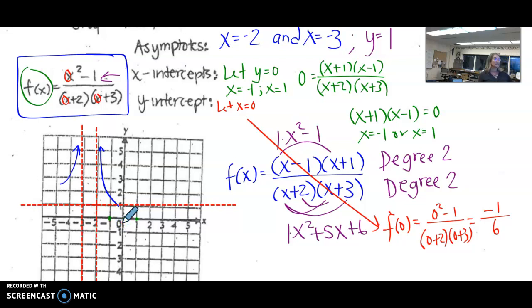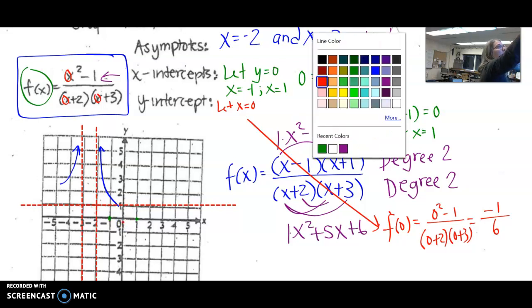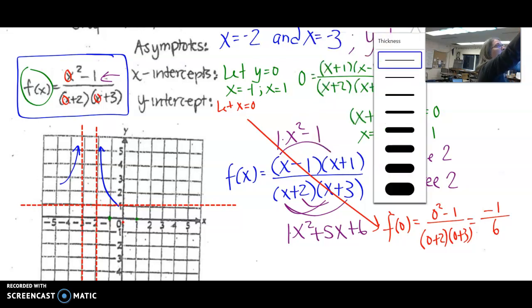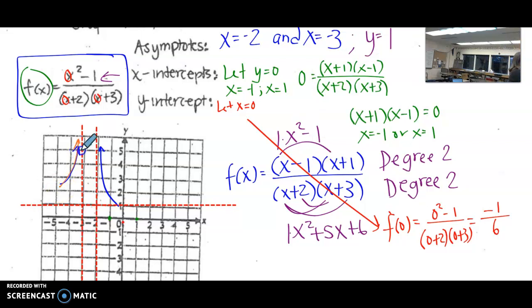Now putting all of this together, I'm going to get a graph that looks something like this. It's approaching infinity here, and then I know that this is my horizontal asymptote, so it's going to be approaching that line, y equals 1, there. And then remember, these are both approaching -infinity, and it doesn't ever intersect the x-axis because I found all my x-intercepts.